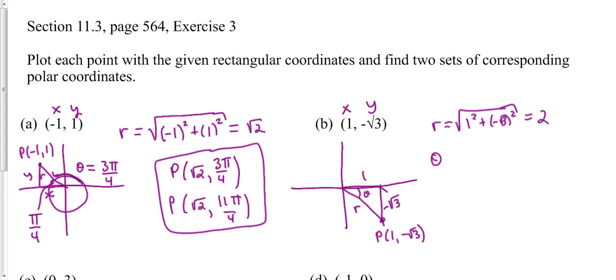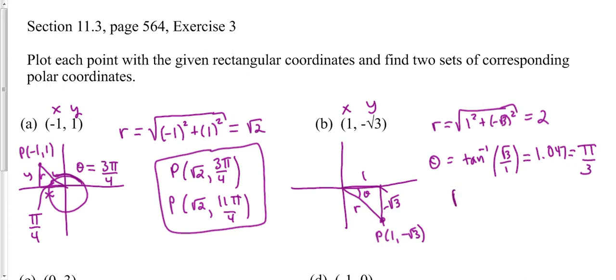And we can say that theta is going to be equal to the inverse tangent of radical 3 over 1, which if you plug into your calculator will probably give you something like 1.047, which you can check because that is pi over 3.